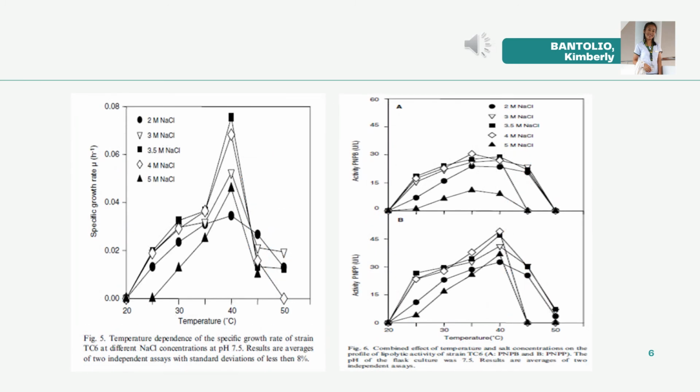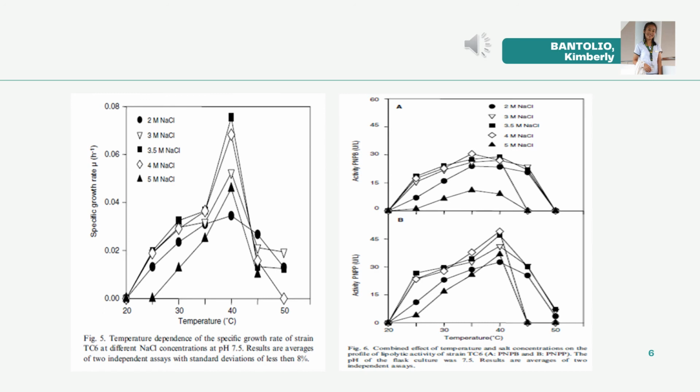The next figure is the temperature dependence of the specific growth rate of strain TC6 at different NaCl concentrations at pH 7.5. Results are the average of two independent assays with standard deviations of less than 8%.